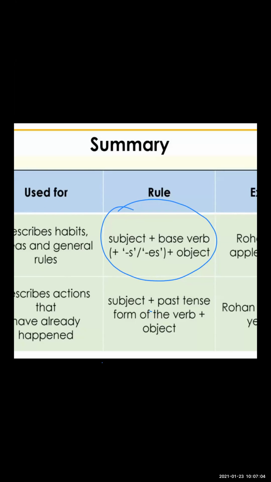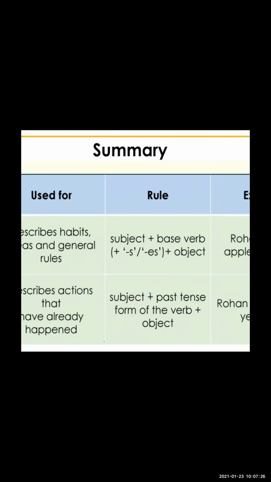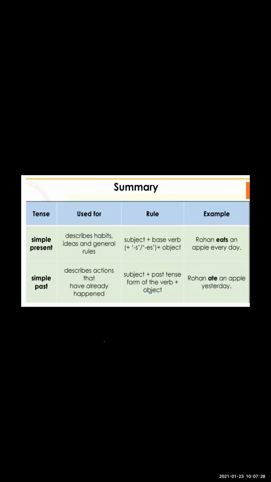Because, as I have taught you in the verb, if the subject is singular, you add s or es to the verb, but if the subject is plural, you use the base form of the verb. So this was about the simple present tense.